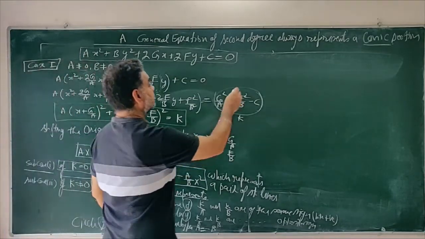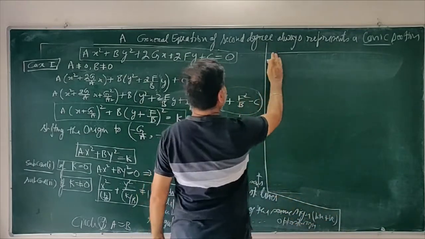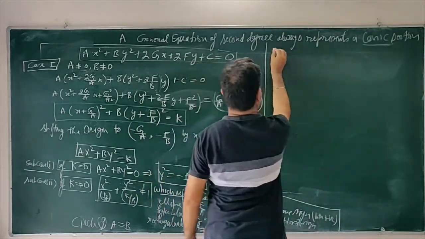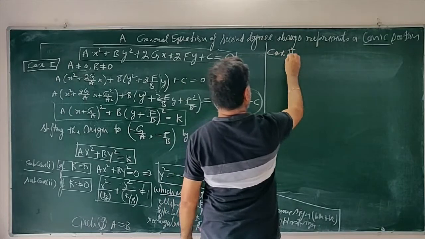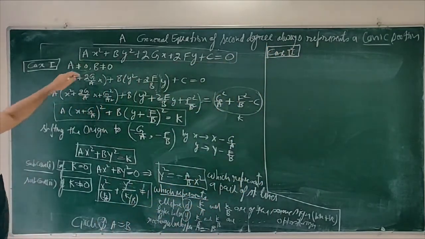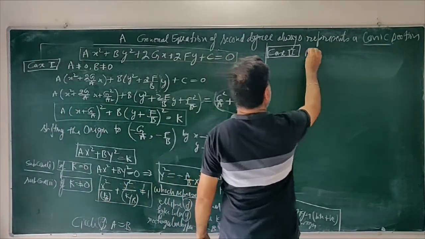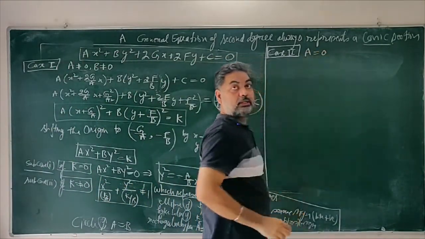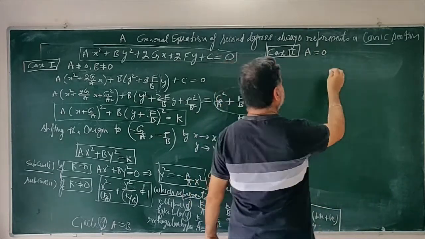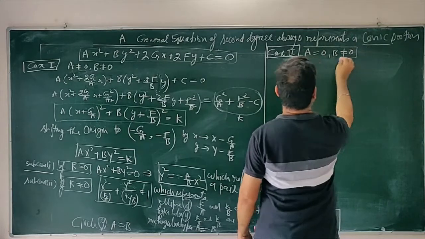Now the second case, case 2, is when a is 0 and b is not equal to 0.